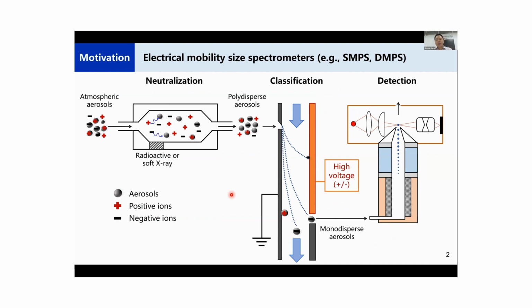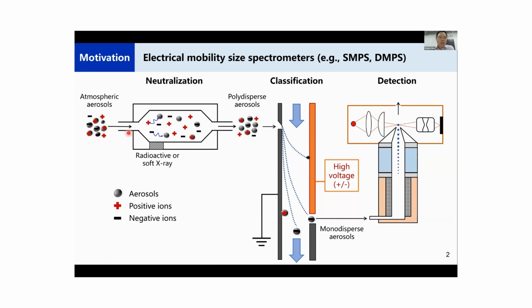In our community, we measure size distribution of atmospheric aerosols very often. One of the key instruments we use is the electric mobility size spectrometer, for example, SMPS or DMPS. The principle of this instrument includes 3 key components: the neutralization or charging part, the classification, and the detection part.